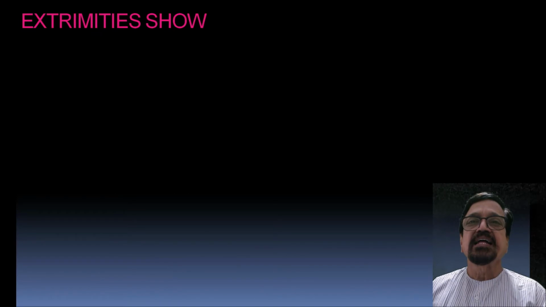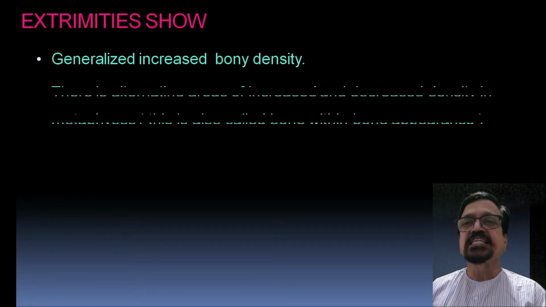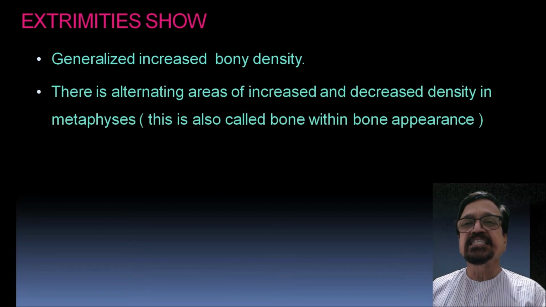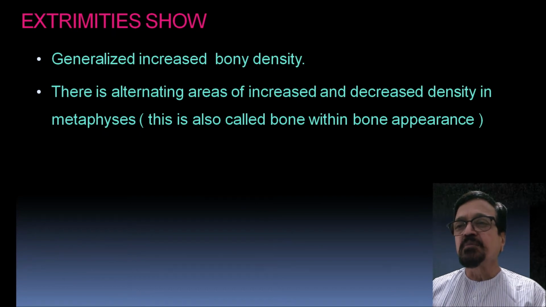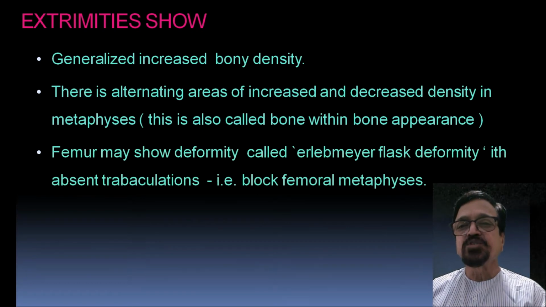Then the extremity shows generalized increased bony density. Then there are alternating areas of increased and decreased density in the metaphysis. This is also called bone within bone appearance. Then the femur may show a deformity called the Erlenmeyer flask deformity, that is the blunted femoral metaphysis.